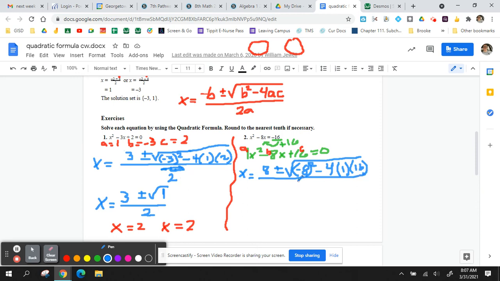And it's going to be divided by 2 times 1, which, right, we can write it, or you can just write 2. All right, so negative 8 times negative 8 is 64. And 4 times 16 is also 64. 64 minus 64, they would just totally cancel out.